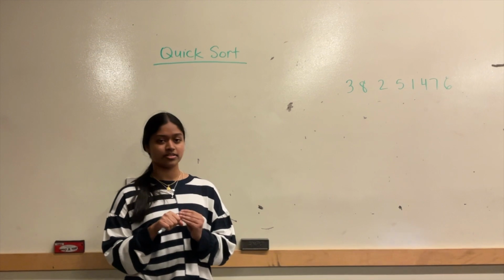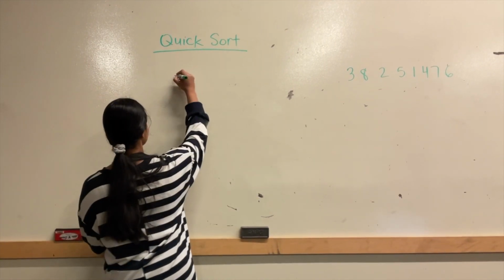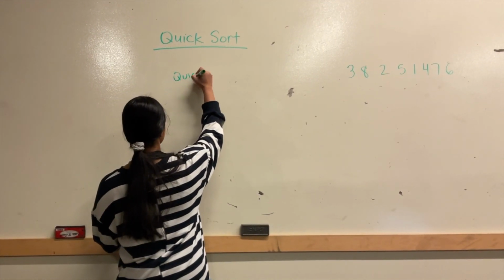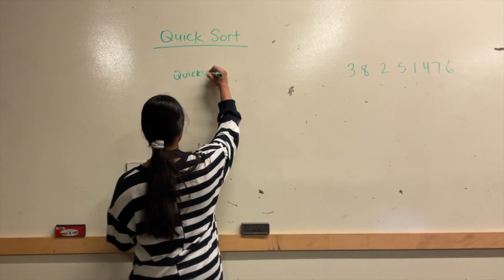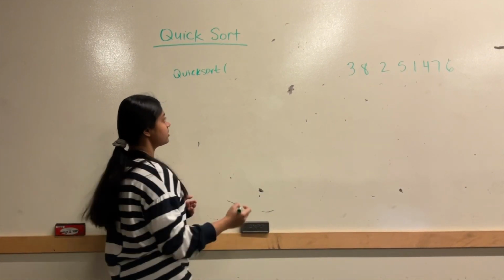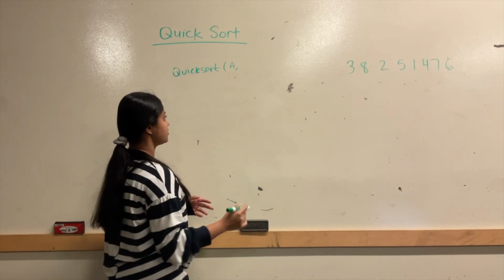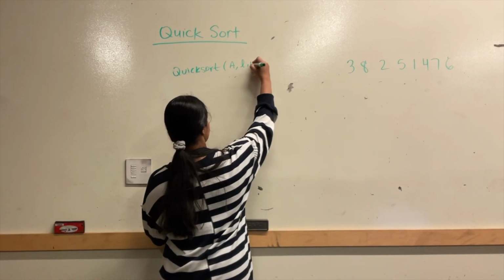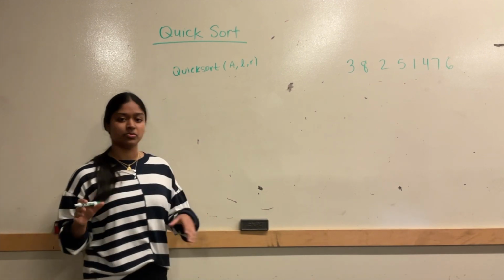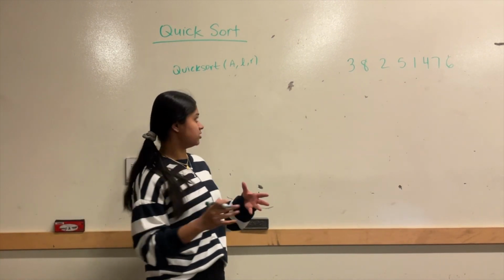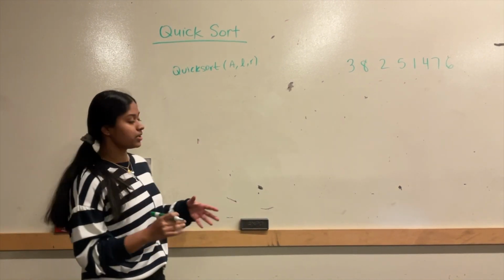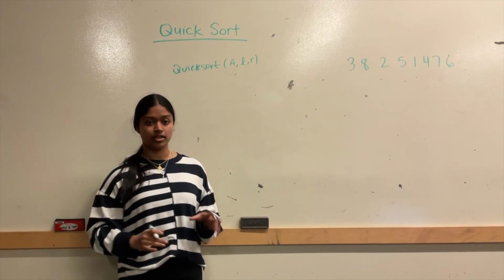Okay, so we're going to start with our quicksort function. It's going to take as input our array, we're going to call it A, and then it also takes the leftmost and the rightmost element. That's just so we can see how large the array is. And because this is a recursive function, we need a base case.